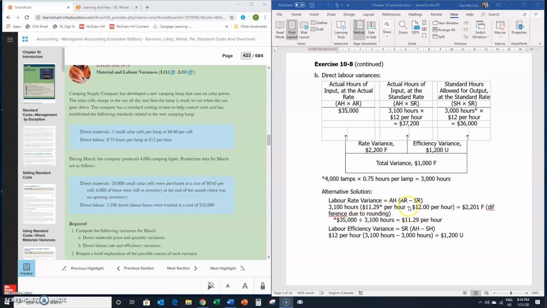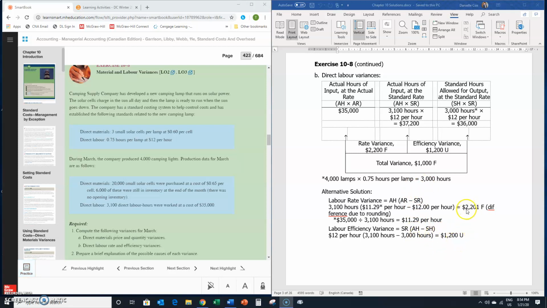So actual rate minus standard rate of $12 per hour, or your labor efficiency variance, standard rate $12 per hour times actual hours 3,100 minus standard hours, and standard hours we calculated right up here at 3,000 hours, you get 1,200.